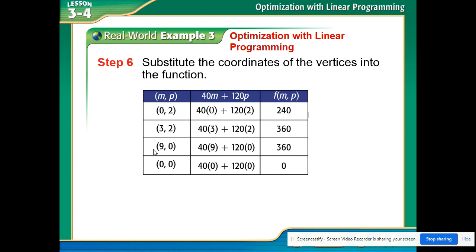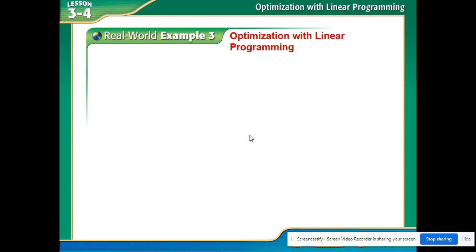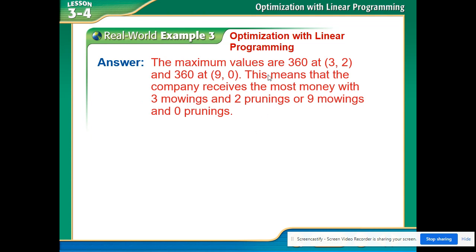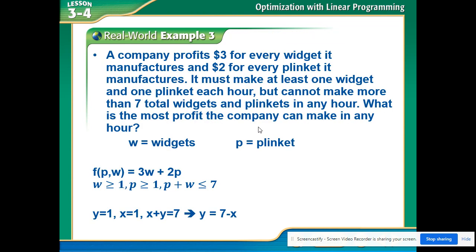So in this case, either of those options are the best. Either do 9 mowing lawns or 3 mowing and 2 pruning. Whichever one you want to do would receive the most money. So that's how, if you're going to schedule things for your company, you would maximize your profit.